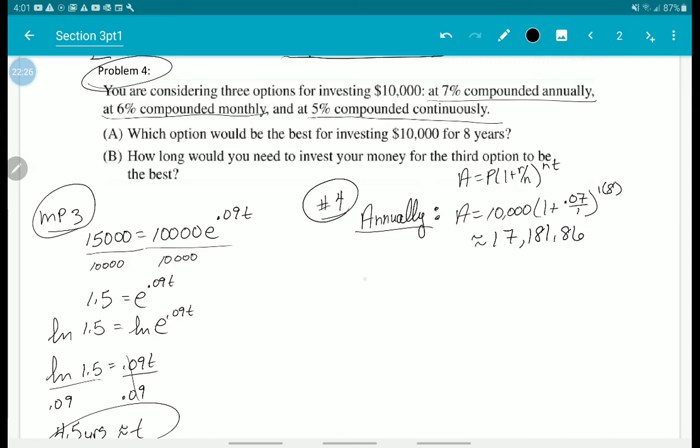But what happens if we change the compounding period and the interest rate? Is that going to be a better deal? Let's see. 10,000 invested at 6% compounded monthly for 8 years.